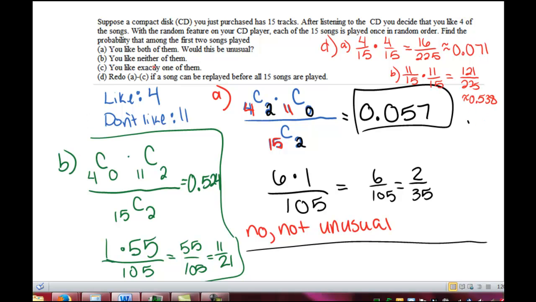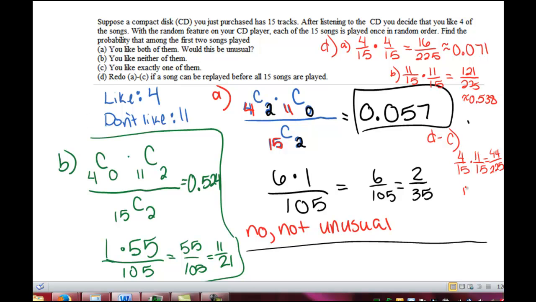And for part C, that you like exactly one of them. Well, this one's a little bit trickier. So for D part C, that we like exactly one. Well, we might like the first one. That probability is going to be 4 out of 15. So if we like the first one, then we will not like the second. That probability that we do not like the second is 11 out of 15. So 44 out of 225. Well, this is assuming that we like the first song.